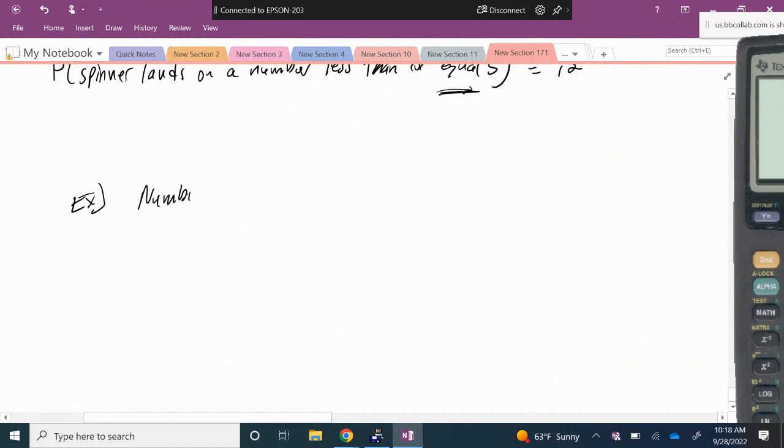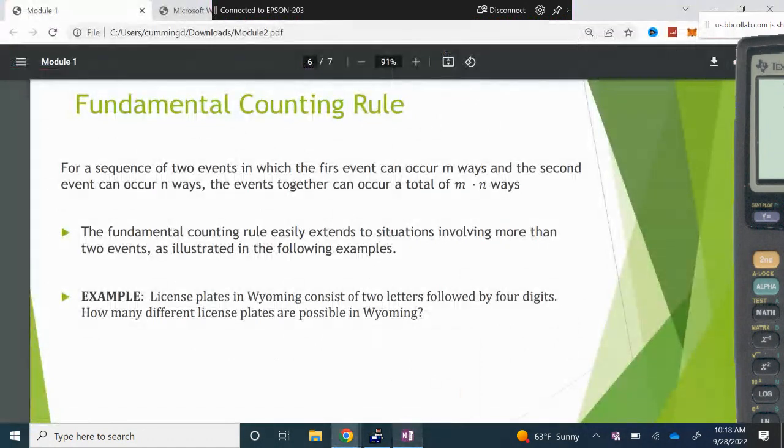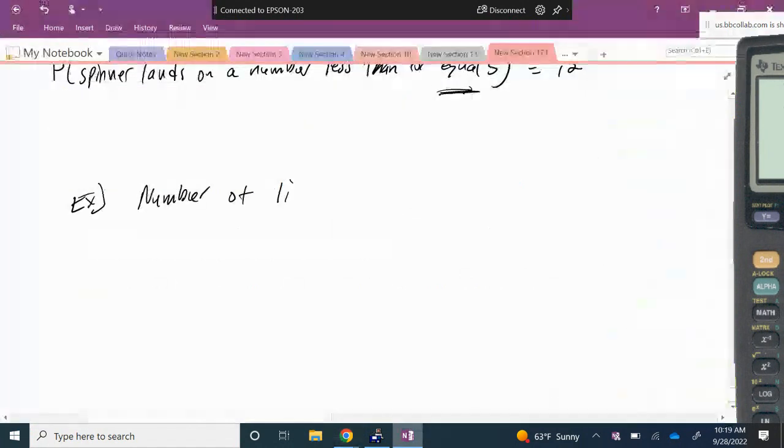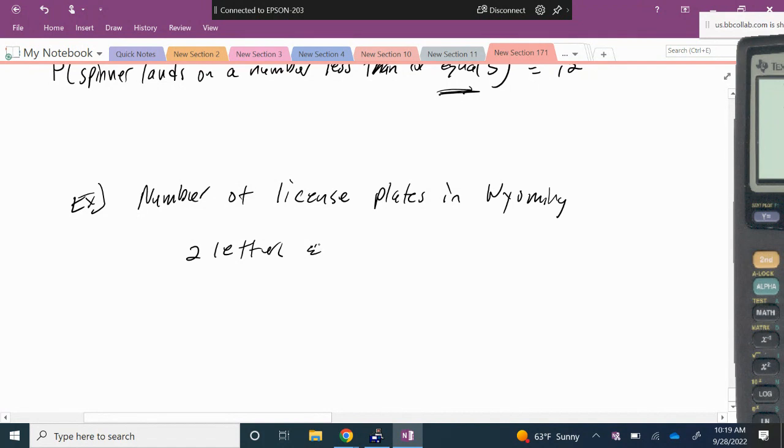Okay, 2 letters and 4 digits. So altogether, that's a total of 6 characters, right?